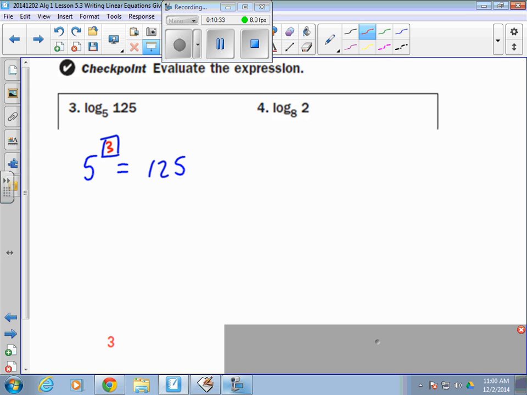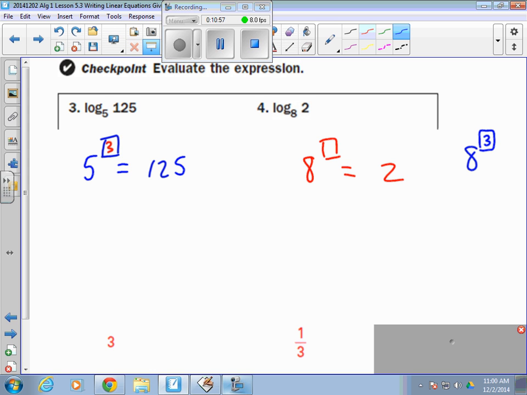And then log base 8 of 2 is what? You have to raise 8 to the 1/3 power because 2 times 2 times 2 is going to give you 8. So if you raise 8 to the 3rd power, think about it in reverse for a second. 8 to the 3rd power means 8 times 8 times 8. That's not going to work.